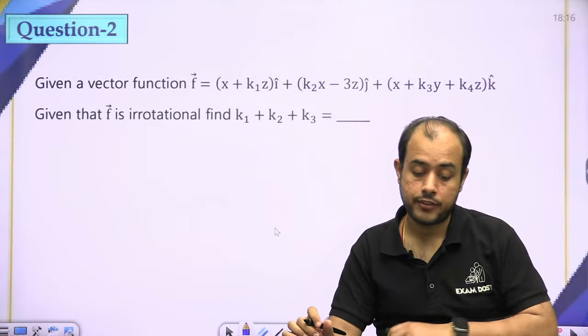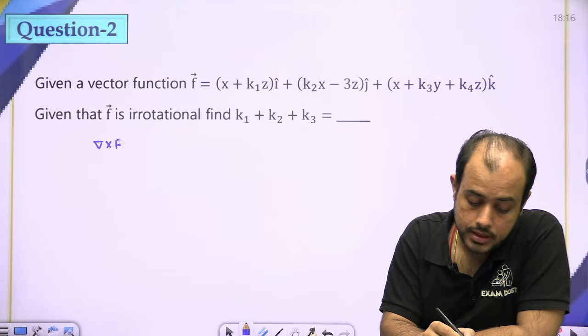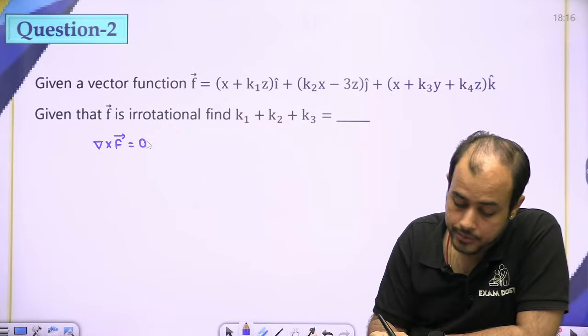Next, given a vector function, if it is irrotational, meaning that the curl of f must be 0.